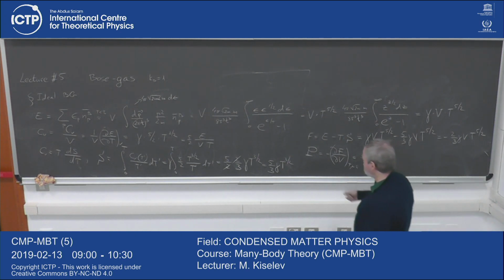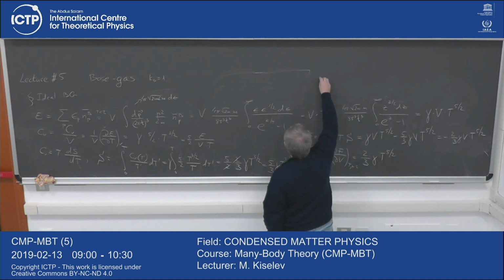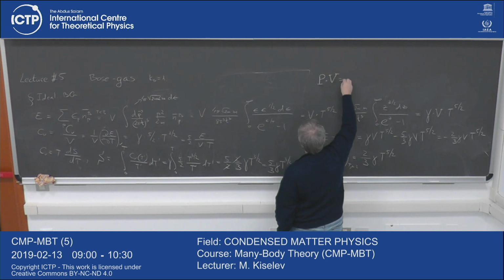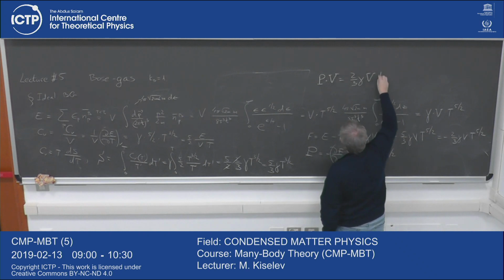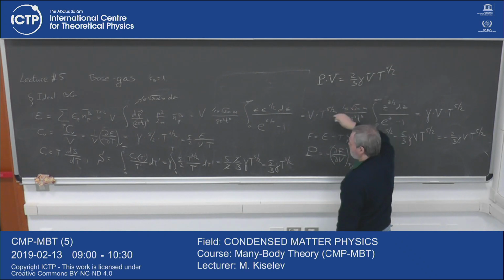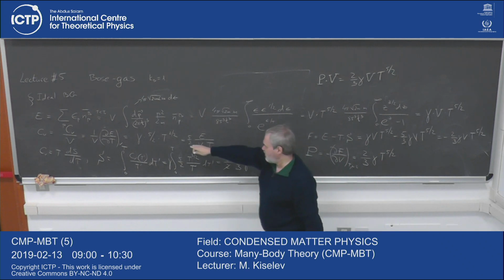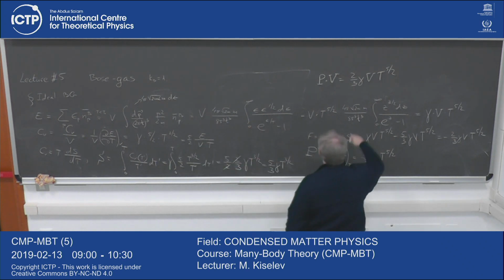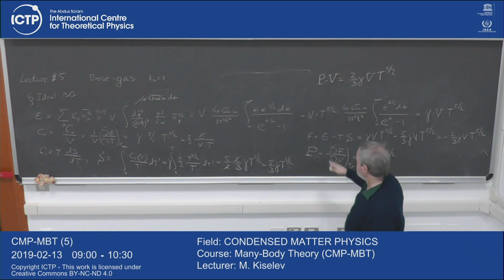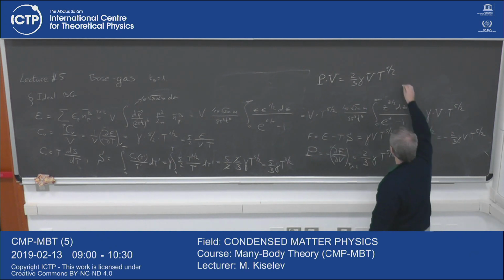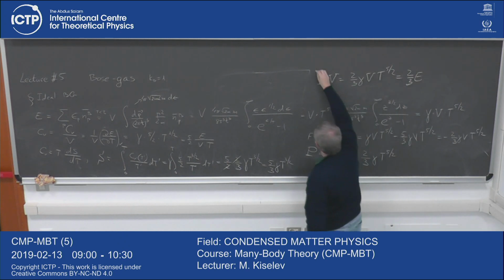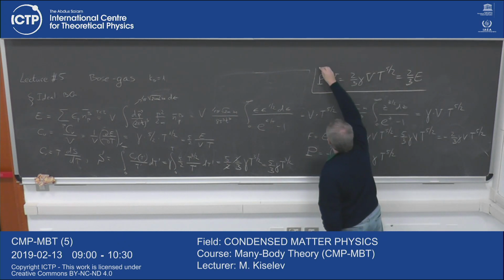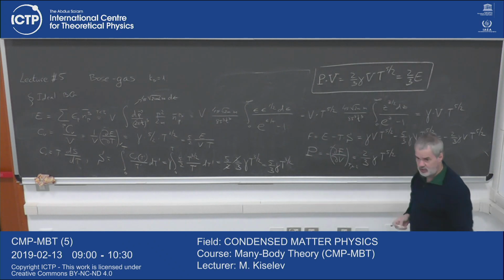And if I multiply this equation by the volume, I get P times V equal to 2/3 gamma volume temperature to the power 5/2. This is 5/2, 2/3 of the energy. So this is the equation of state.